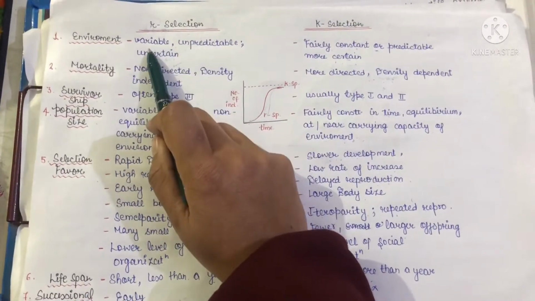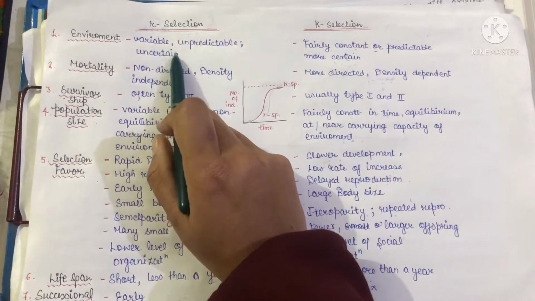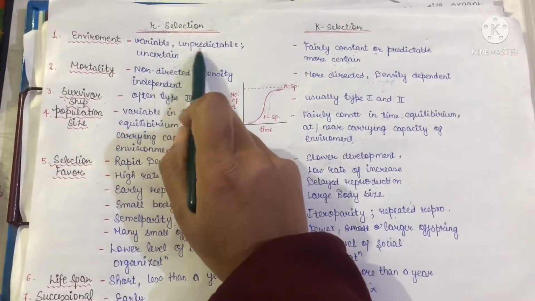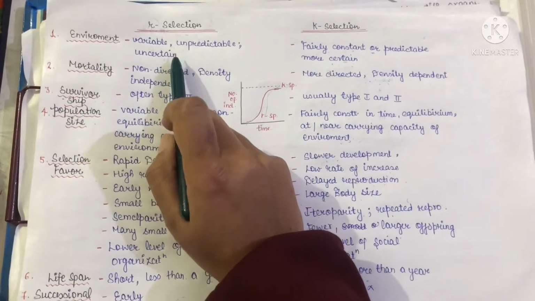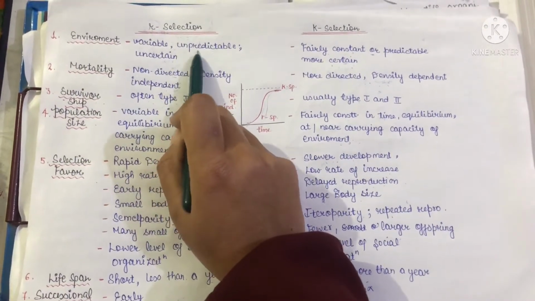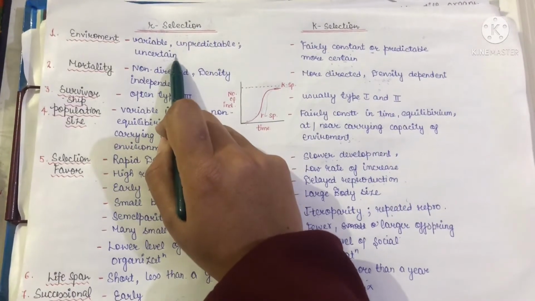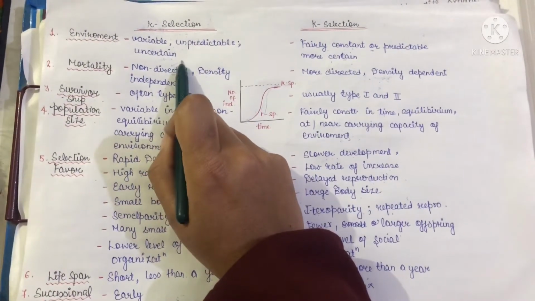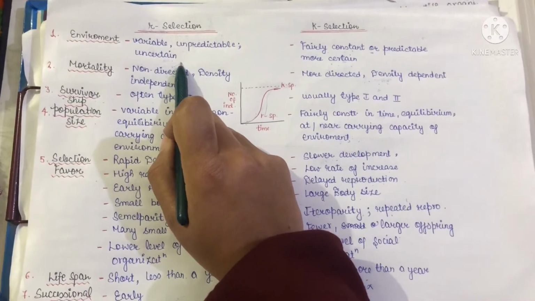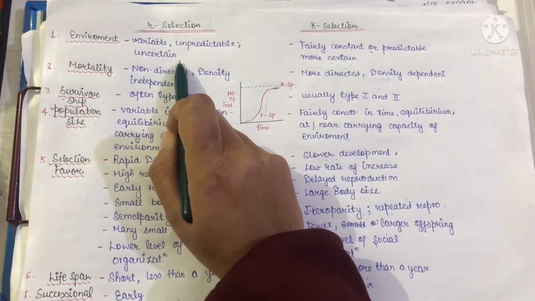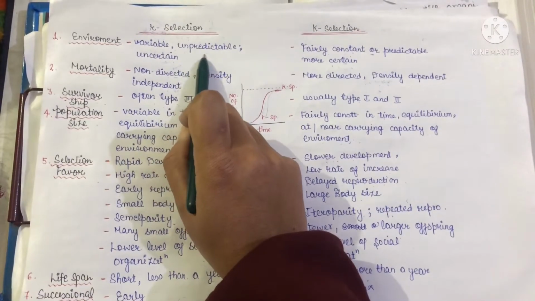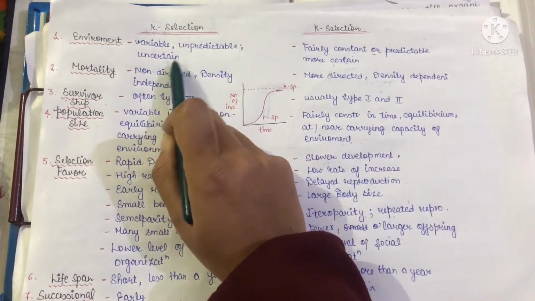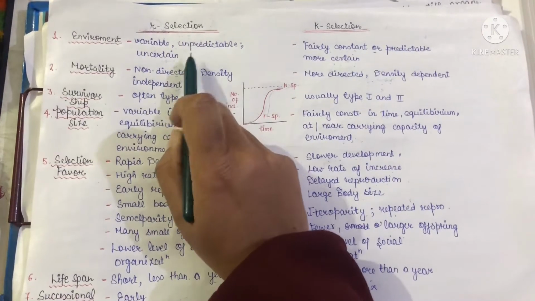The R selected species survive in a variable, unpredictable as well as uncertain environment. What it means is that when the population is surviving, it does not need a stable environment, or we can say it can survive in an unstable environment.